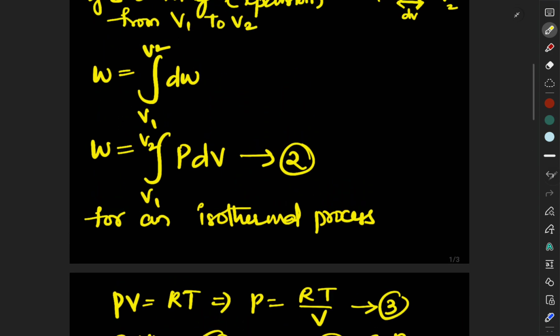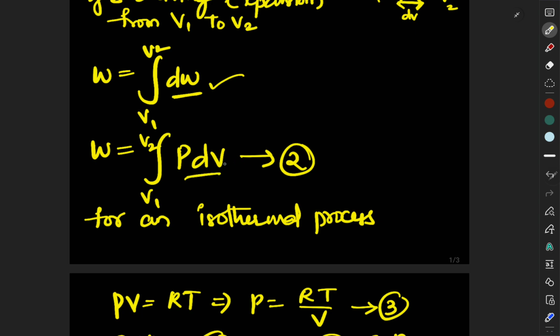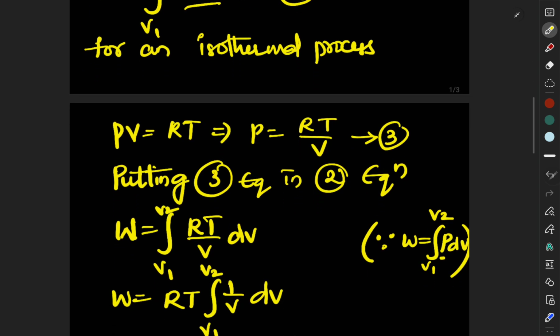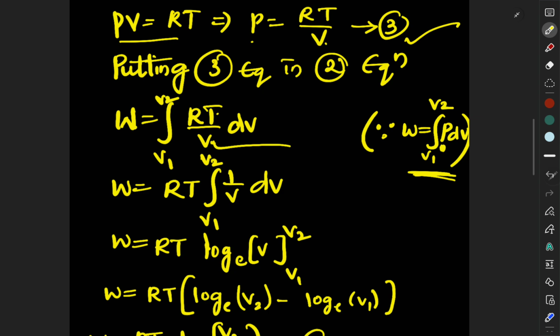So, as I said, the entire work done can be written as W is equal to integral of PdV for the entire process. Now for an isothermal process, PV is equal to RT, so P can be written as RT by V, and substituting this in W is equal to integral of PdV, instead of P we are writing RT by V dV.